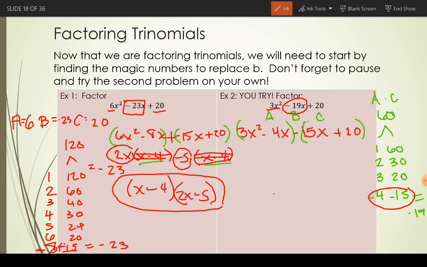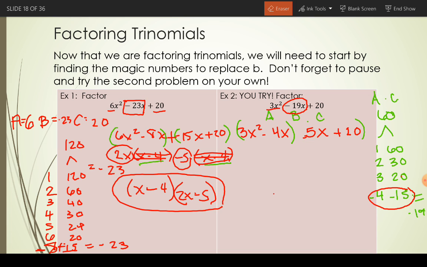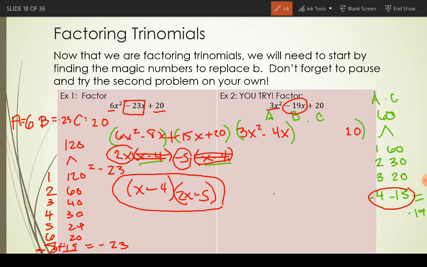Remember to make sure that your negative sign is inside with your 15. I'm going to erase this again. Yeah, I'm struggling with this iPad thing that I'm writing on. It's not the easiest thing to do. Okay, so it's going to be a plus in the middle because we always know that there's a plus sign in the middle.